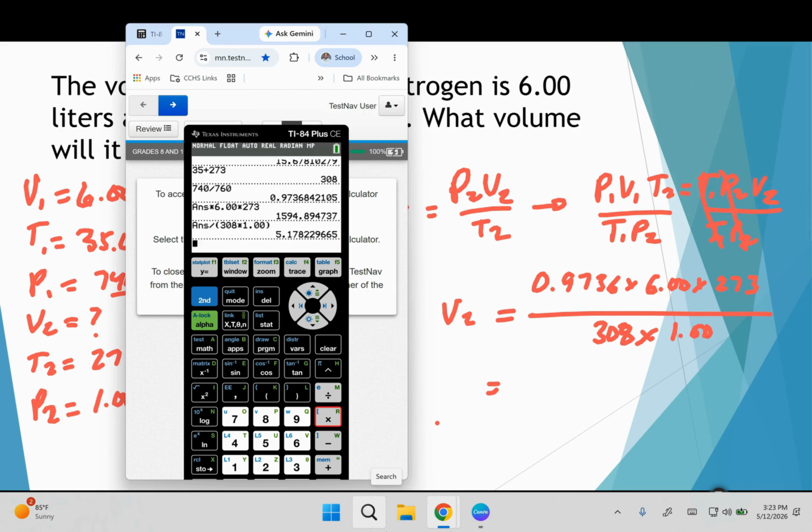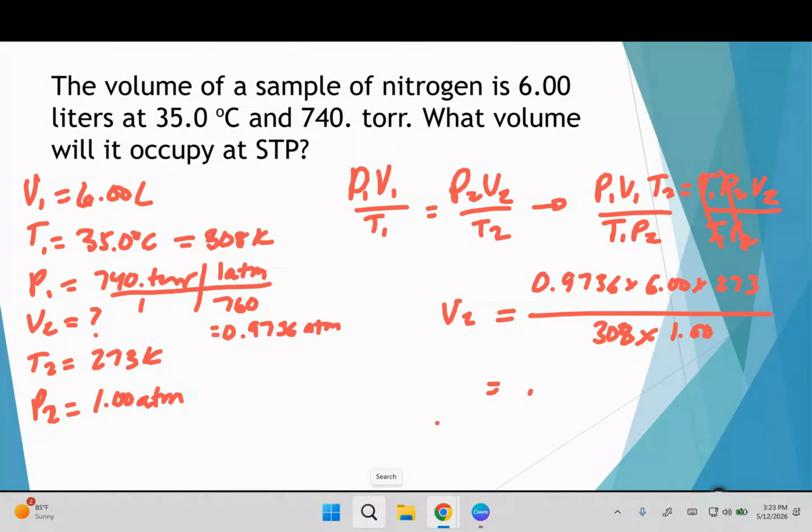So 5.17822. To make it the appropriate number of sig figs, which is going to be 3, it should be 5.18 liters of N2.